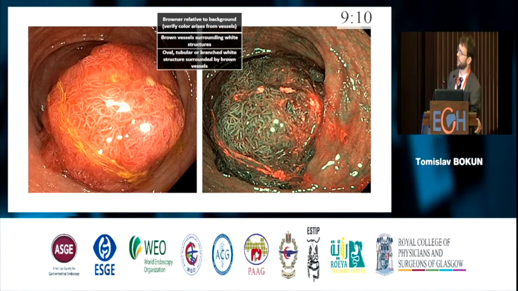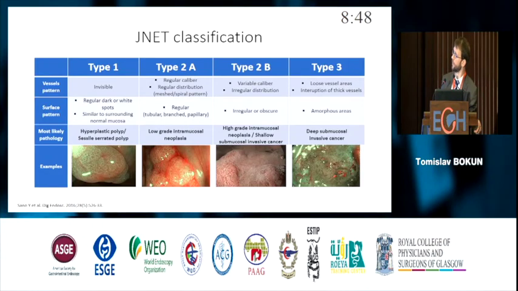This is one of the examples. This polyp is browner relative to the background, and brown vessels are surrounding white structures that are tubular, more like branched white, and according to NICE classification, this would be a NICE 2 lesion.